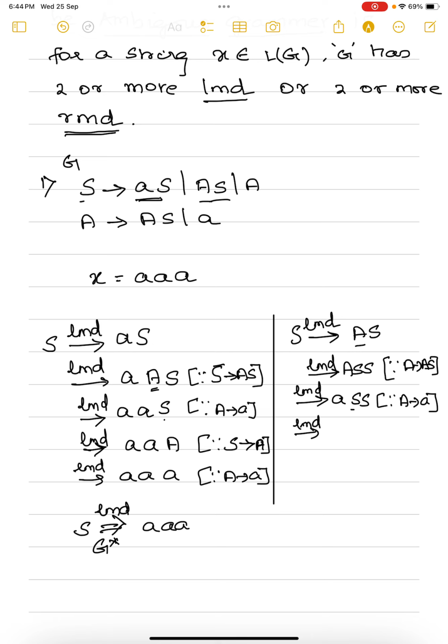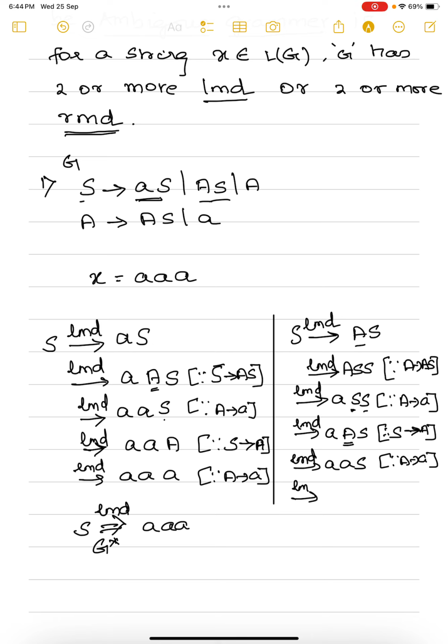Next, you have two S's. The first S you have to replace, so replace this with A, since S goes to A is a production. Now you have again two non-terminals. Replace the leftmost non-terminal, A with a, since A goes to a is a production.